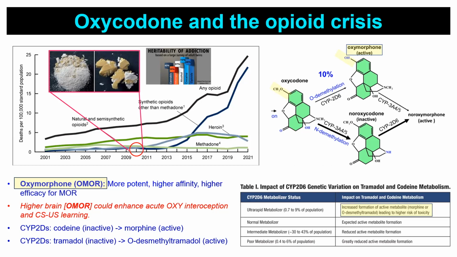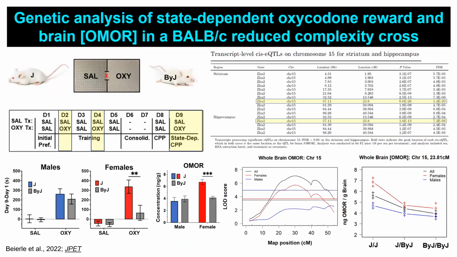With codeine, the active metabolite is actually morphine. This is mediated by the CYP2D6 pathway, cytochrome P450s, which is also involved in the production of oxymorphone. So with this information in mind, I'm going to introduce you now to some of the interesting findings we have at the behavioral level and with the oxymorphone metabolite level.